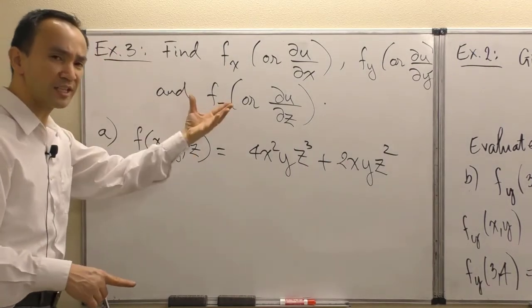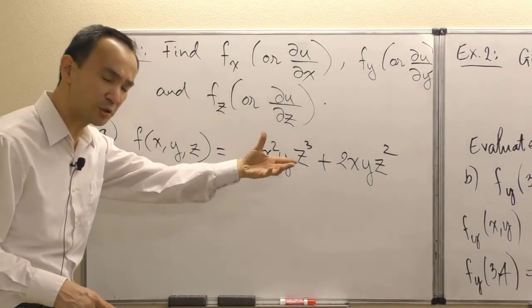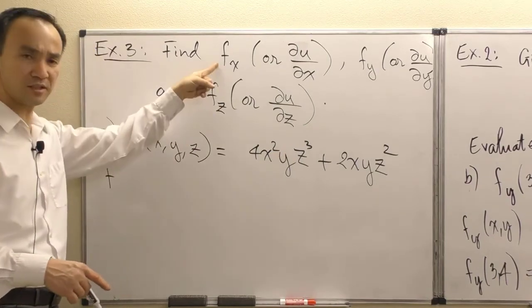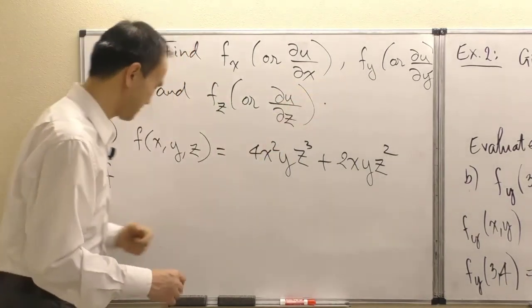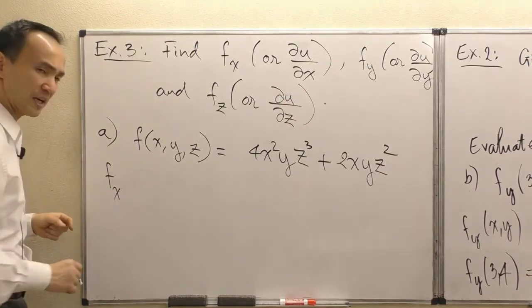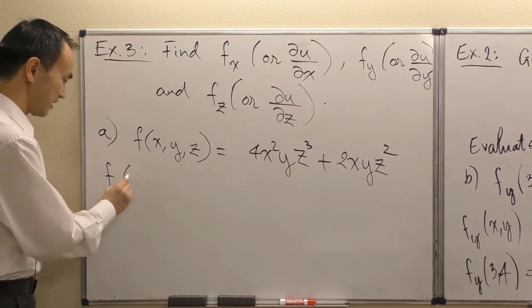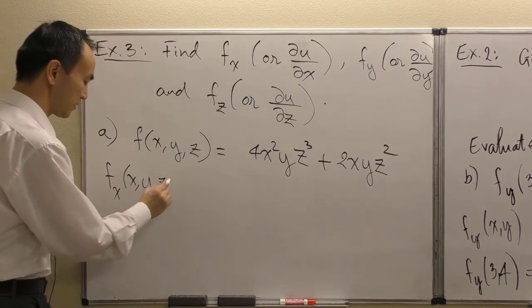So when it comes to taking the partial derivative, we have to stay with this convention right there. Now for the partial derivative with respect to x, of course it will be a function of three variables.